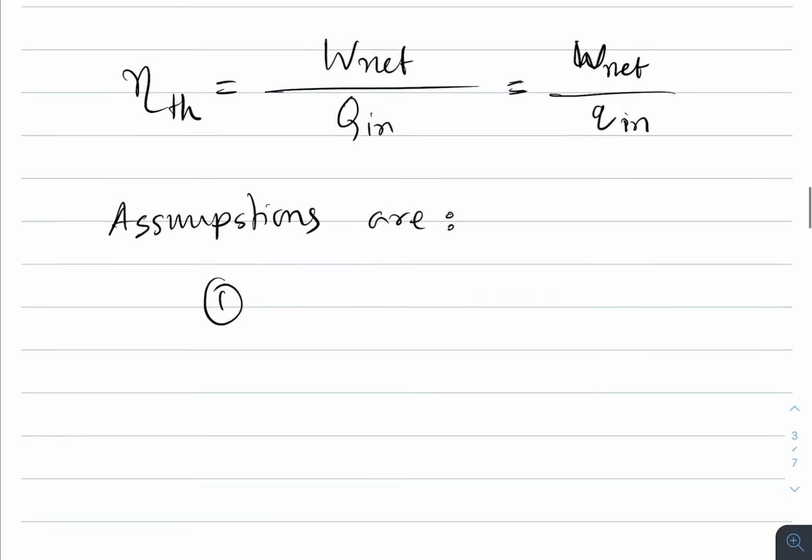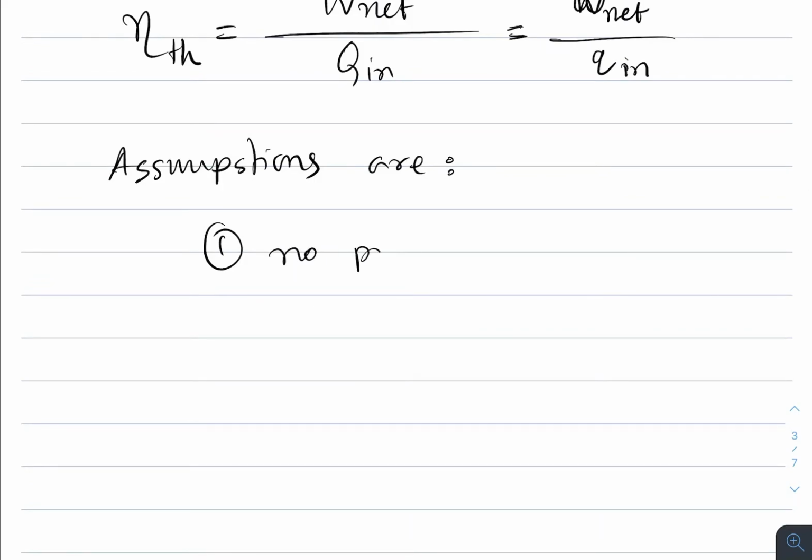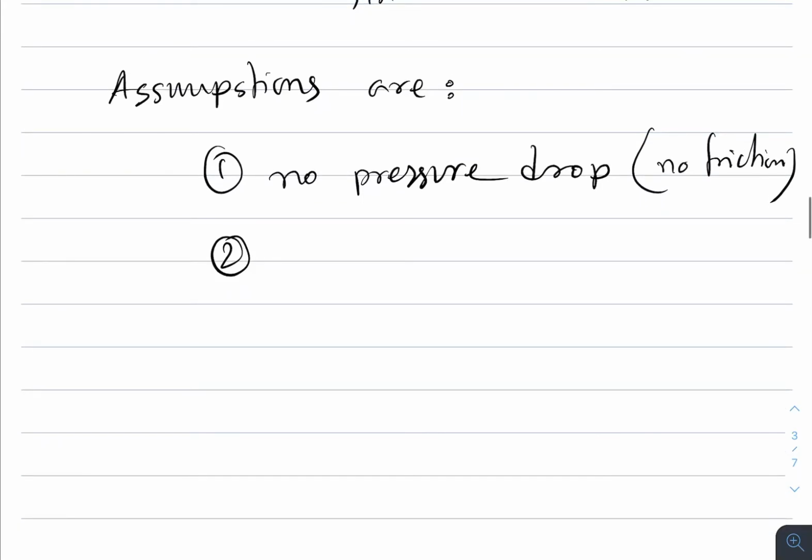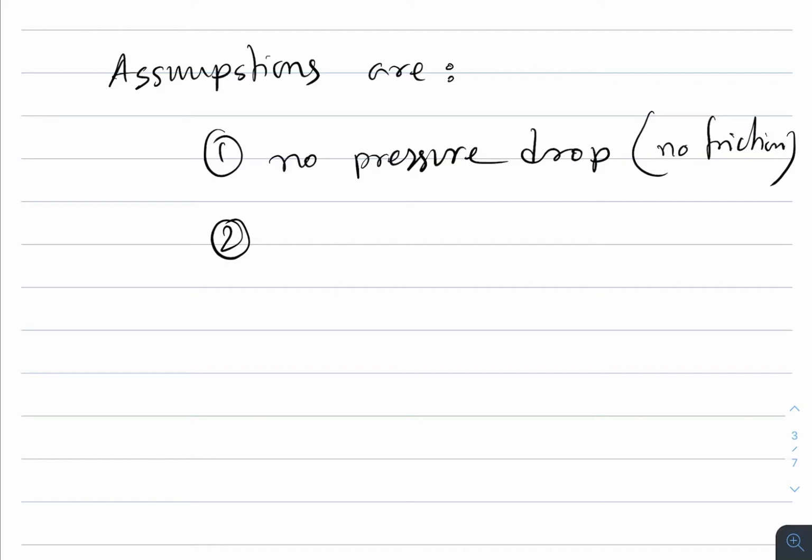Number one is that there is no pressure drop or no pressure loss, or the cycle doesn't have any friction. Number two is that expansion and compression take place in a quasi-equilibrium process, which is quite impossible.